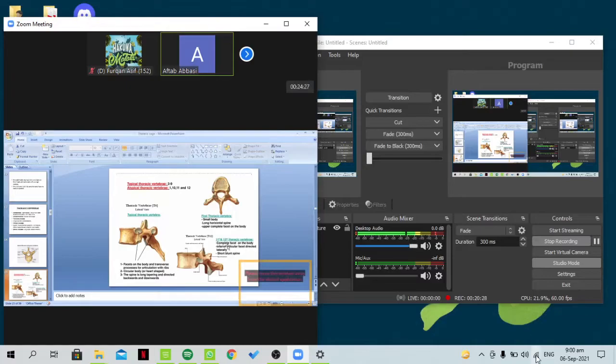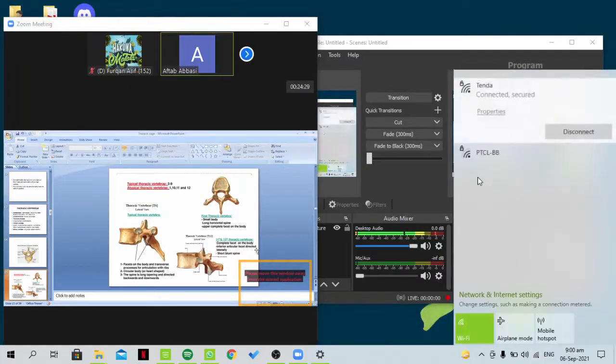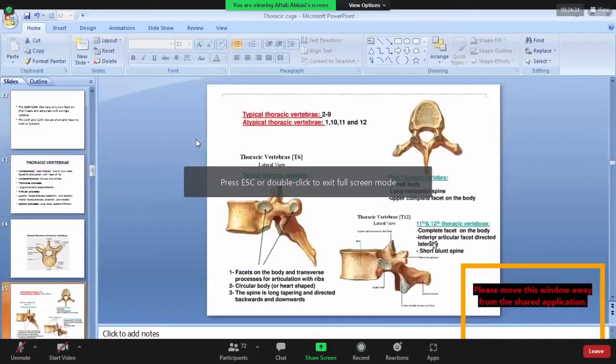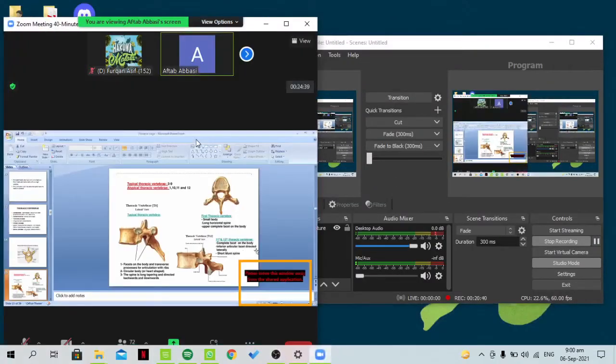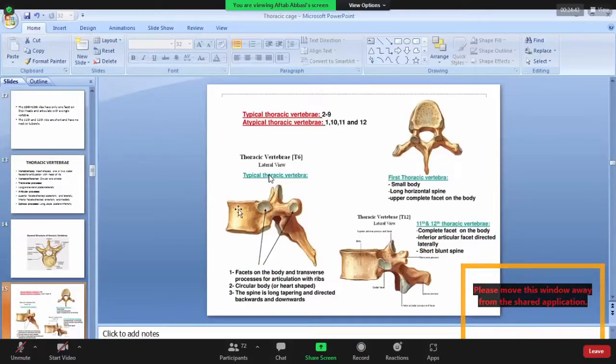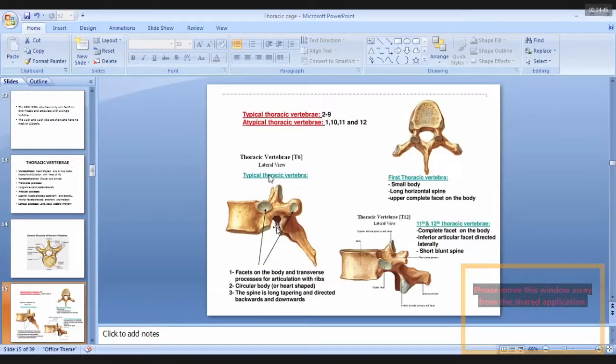In the 11th and 12th and the 10th thoracic vertebrae, there are complete facets only laterally, as compared to the inferior facets of the typical vertebrae that lie medially. And there is a short blunt spine as compared to the long spine of the typical thoracic vertebrae. So these are the different features. So these vertebrae are known as atypical vertebrae.